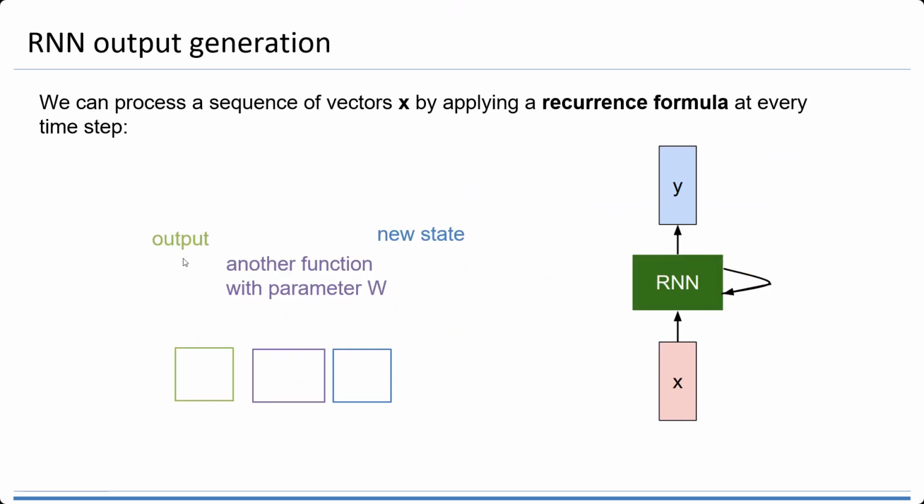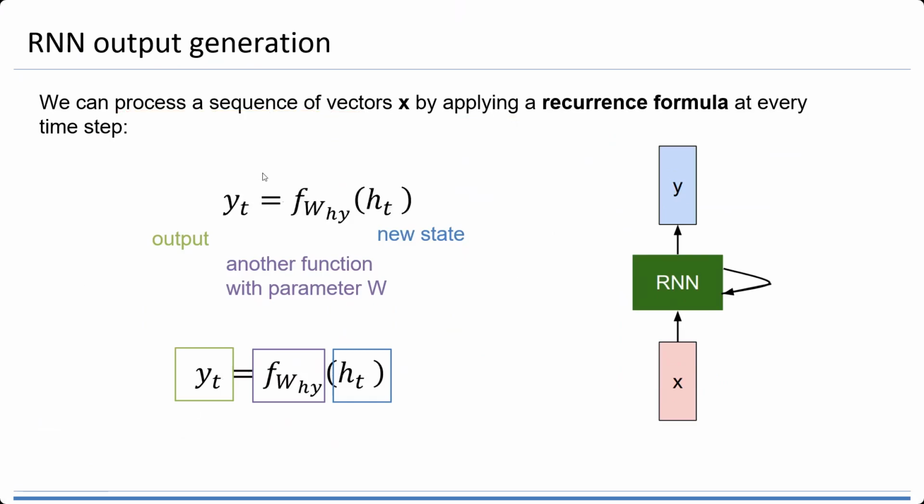So we can process the output. The output for every RNN means that we can process again after we have the x again by applying the recurrence formula at every time step. So the y or the output, it can be calculated something like this formula.